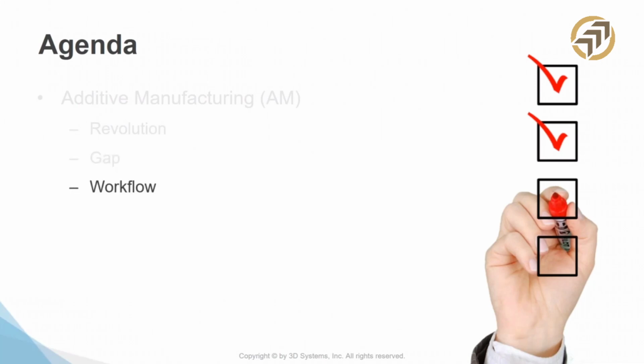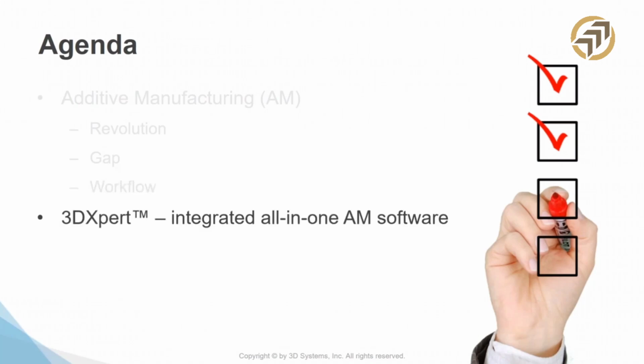We'll then move on to discuss the importance of an efficient additive manufacturing workflow, and we'll show you some use cases and examples. And we'll end with a demonstration of the additive manufacturing workflow using our 3D Expert software. So with no further delay, let's begin.